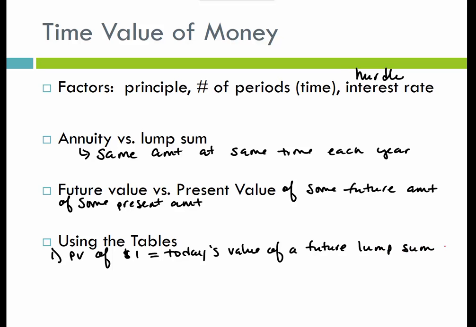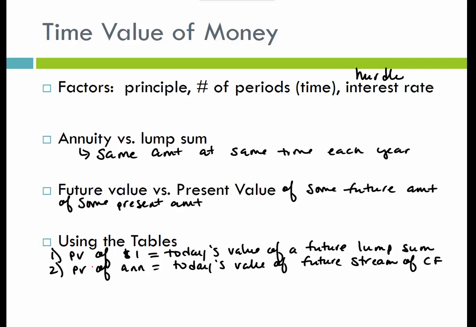If I received $1 or $1,000 or $10,000 at some point in the future, what is that worth today? Table 2 does the same thing but for an annuity. So present value of an annuity tells you the value in today's dollars. So today's value of a future stream of cash flows, an annuity.